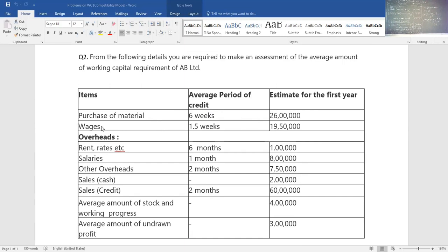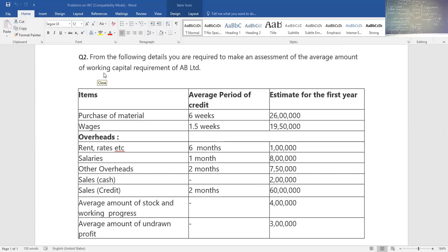Now, secondly, wages. How much do I have to pay? I have to pay 19,50,000 and the time duration to pay this 19,50,000 is 1.5 weeks. Is it an asset or a liability? Liability. Okay, one is telling liability and the other one is telling asset.